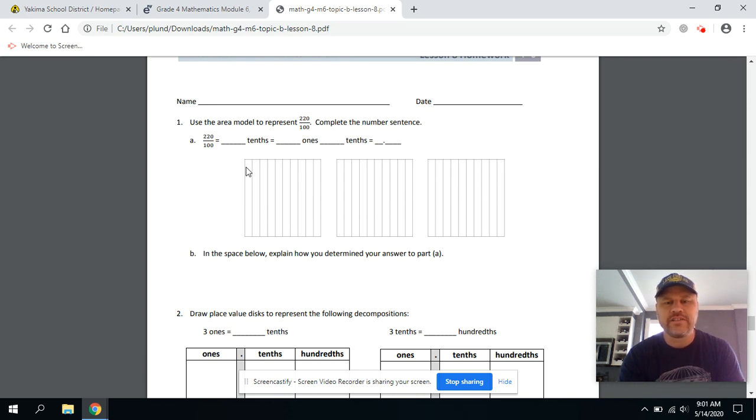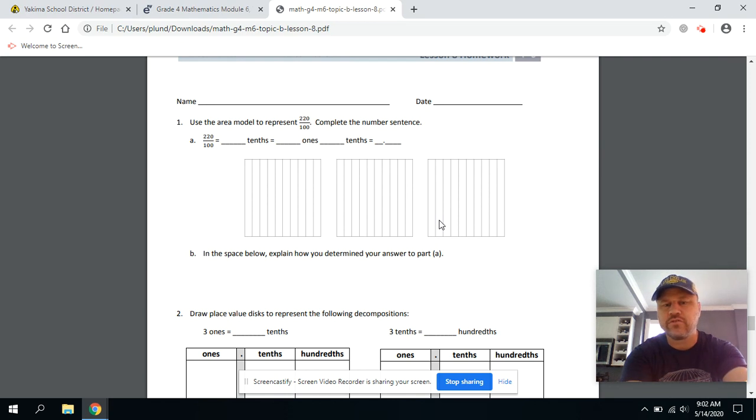So let's either draw the lines yourself or just imagine that they're there, so that this is 100 hundredths in your mind. So 100 hundredths, 200 hundredths, and then you would draw your horizontal lines again and shade in 10, 20 of them, right? So 220 hundredths is the same as how many tenths?